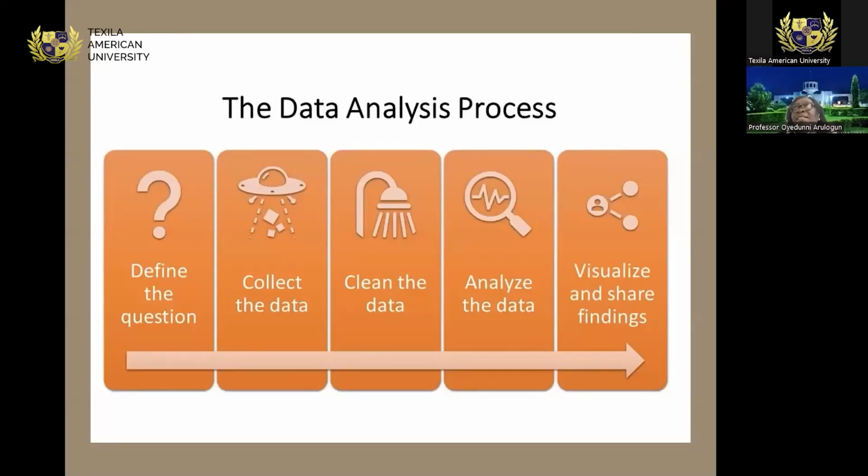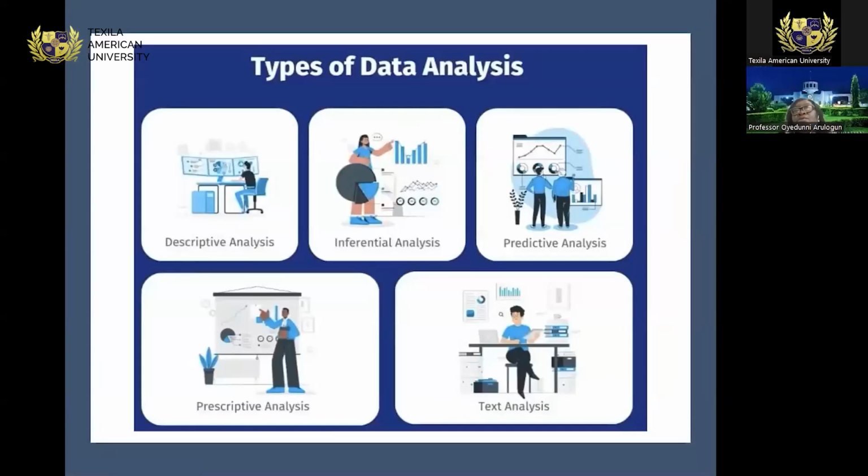What am I finding out? Which ones am I going to use to answer my hypothesis? So it could be inferential, it could be predictive, it could be prescriptive, or it could be text analysis, which is if you are doing qualitative data. And it could be a combination of all of this.